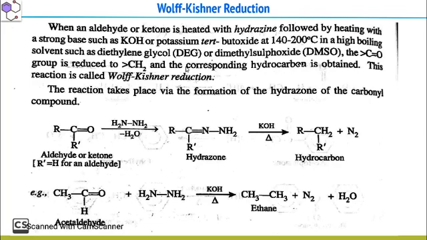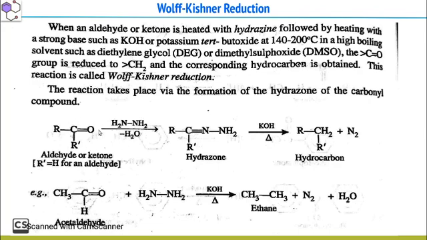Here we are using the solvents diethylene glycol or dimethyl sulfoxide, DMSO. Then the CO group is reduced to CH2, and the corresponding hydrocarbon is obtained. This is Wolff-Kishner reduction.